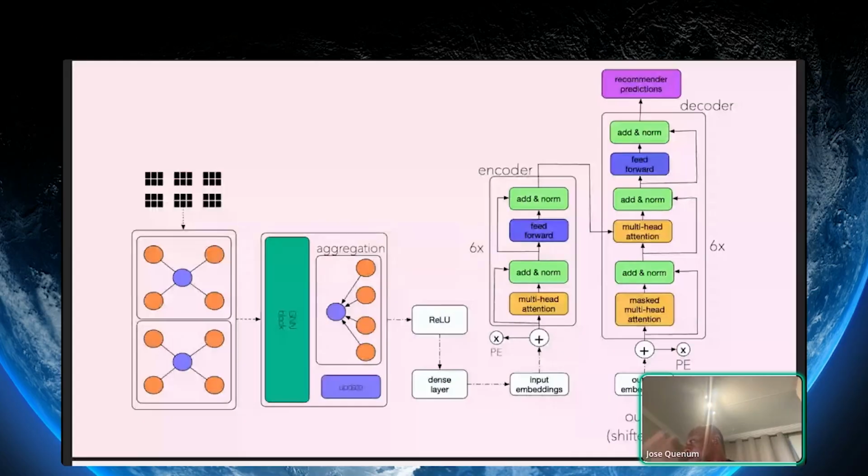Once we understand the link between the applicant and the job advert, we pass it to a dense layer before we push the information to a transformer to further determine the score that we should allocate to an applicant for a job advert. And that's how we eventually get the recommendation.